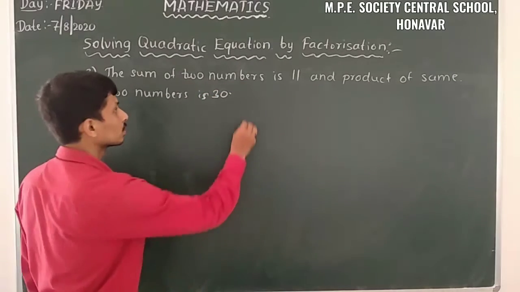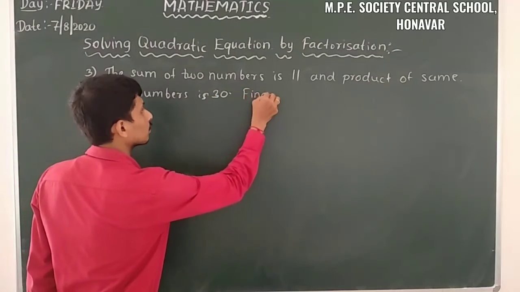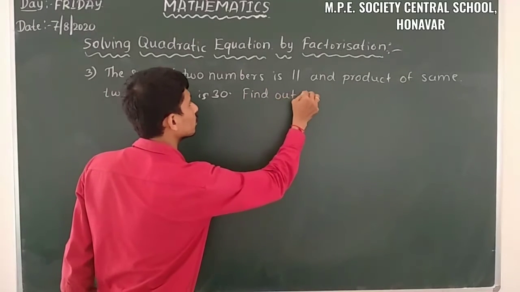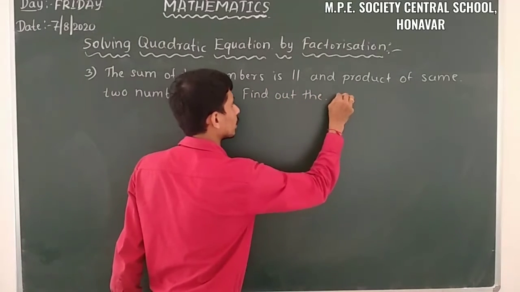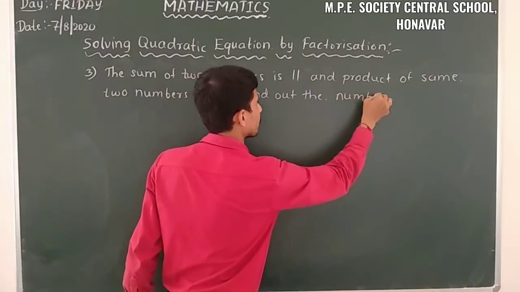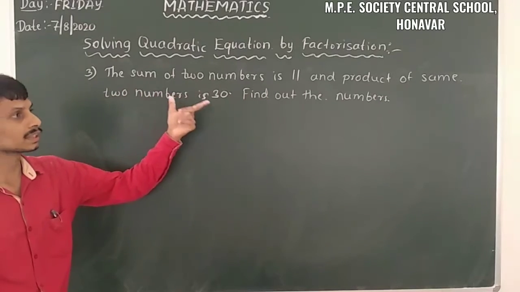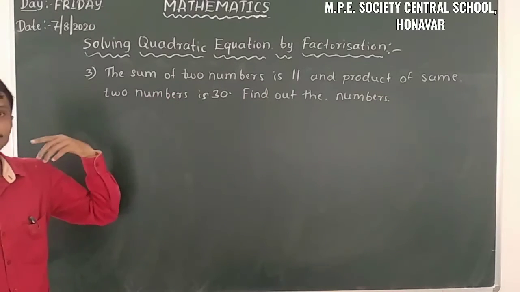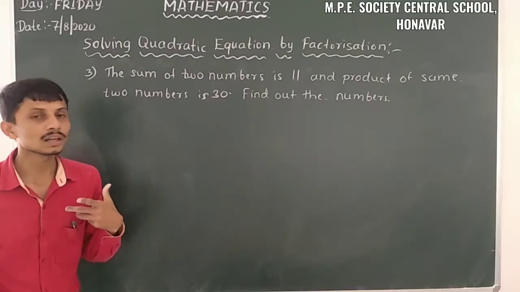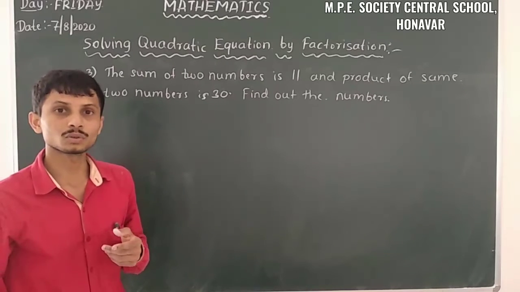Find out the numbers. So here the sum of two numbers is 11 and the product of the same two numbers is 30. We have to find out those numbers.